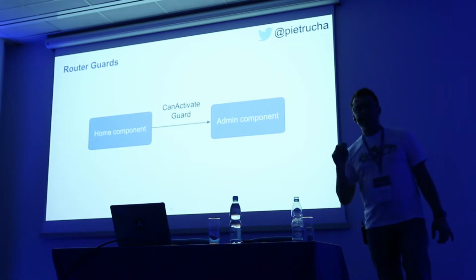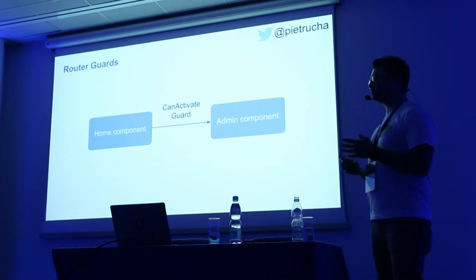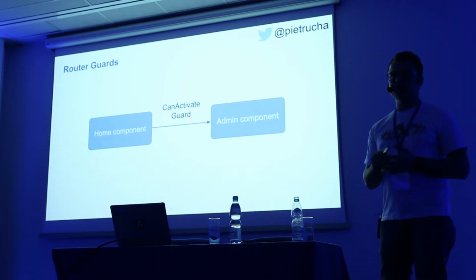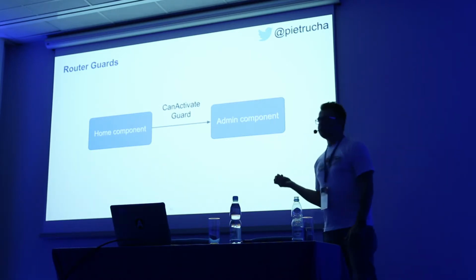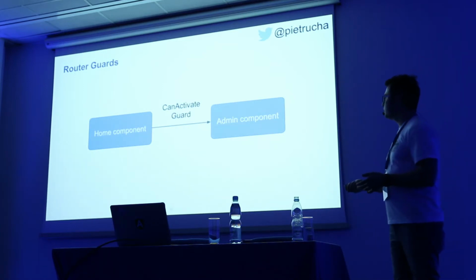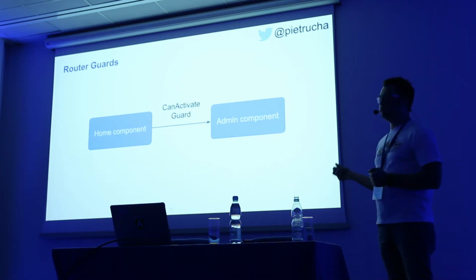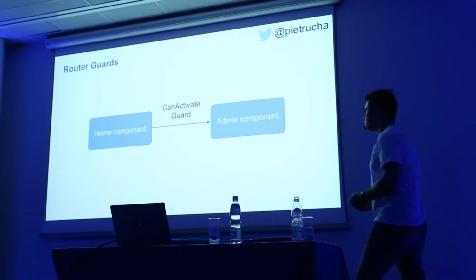So canActivate guard can be used to either prevent or allow, based on our dedicated logic, a transition from one route to another. So if the user can open the admin component, we can implement a particular policy.